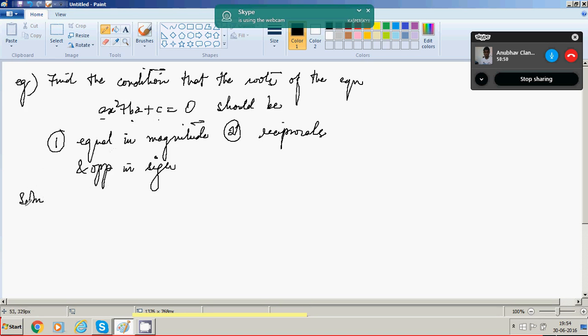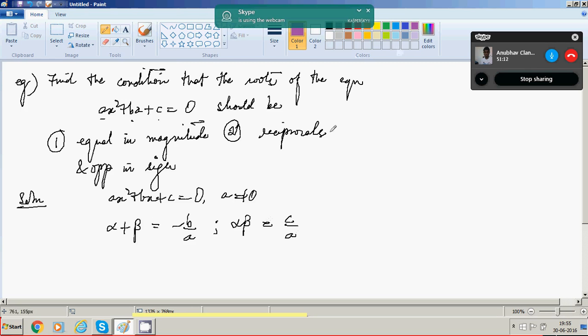Solution. Given ax squared plus bx plus c equal to 0, a not equal to 0, alpha plus beta is minus b by a, alpha beta equal to c over a. Now we talk of the first case, we want the roots to be equal in magnitude but opposite in sign.